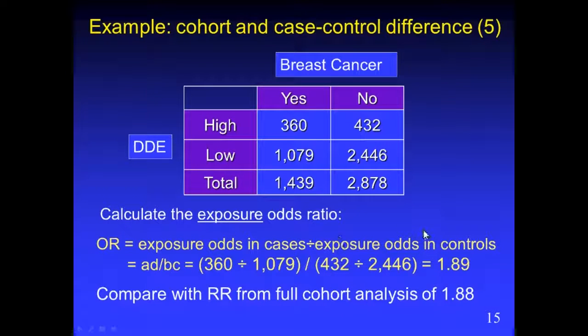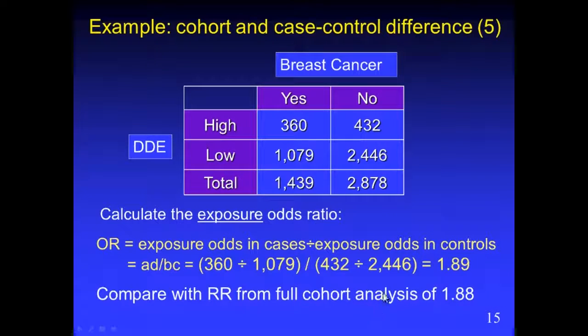Now we know how to calculate the odds ratio, which is 360 multiplied by 2446 divided by 1079 times 432. I've got it slightly differently down here, but it all comes out to the same thing. So it comes out to 1.89, which is extremely close to the relative risk we got from our full cohort study analysis.